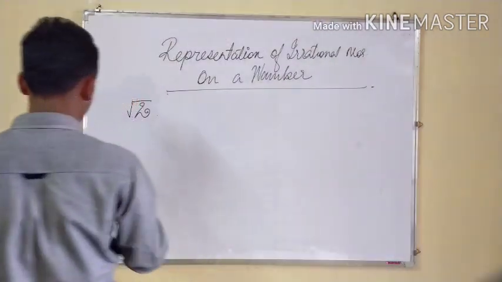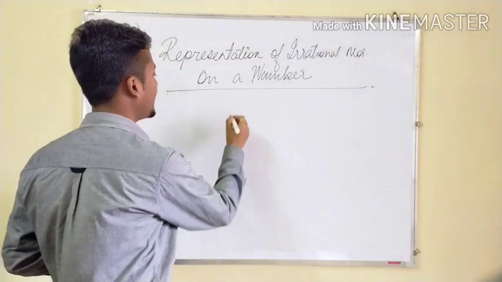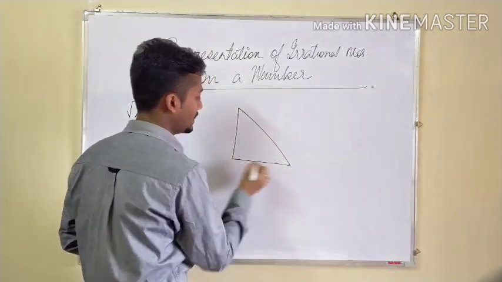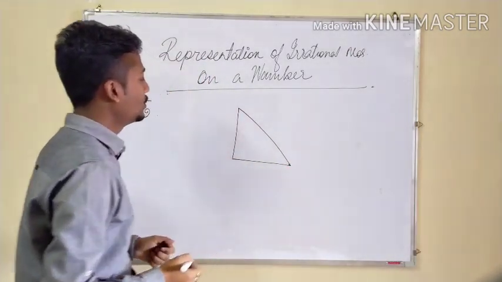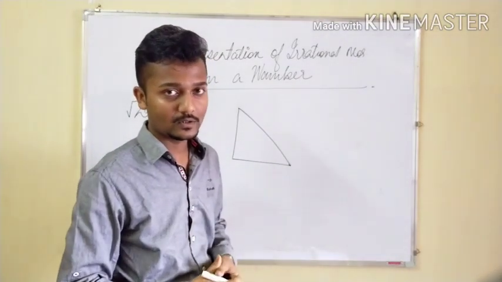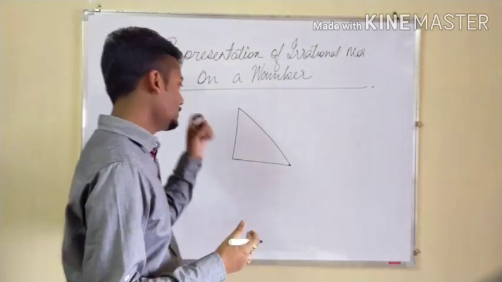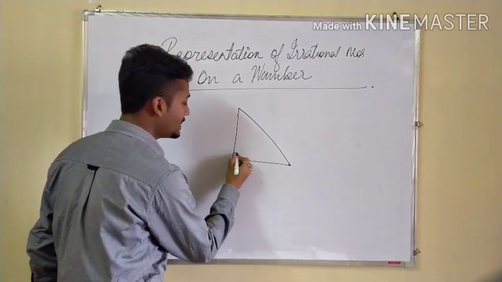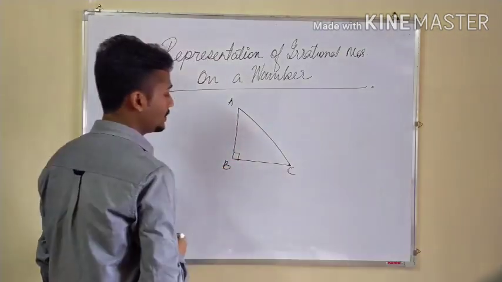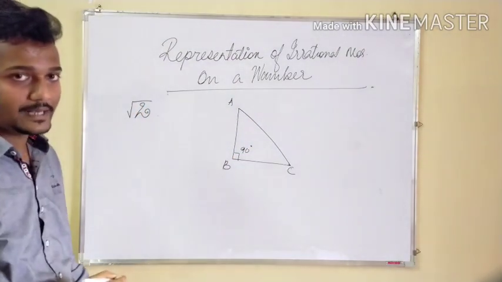Now, before showing this part, I would like to recall one more thing, that is Pythagoras theorem. Do you remember? Hopefully you have done in your previous years what was the theorem proposed by Pythagoras. So if we take a right angle triangle ABC, where right angle at B, that means angle B is equal to 90 degrees.